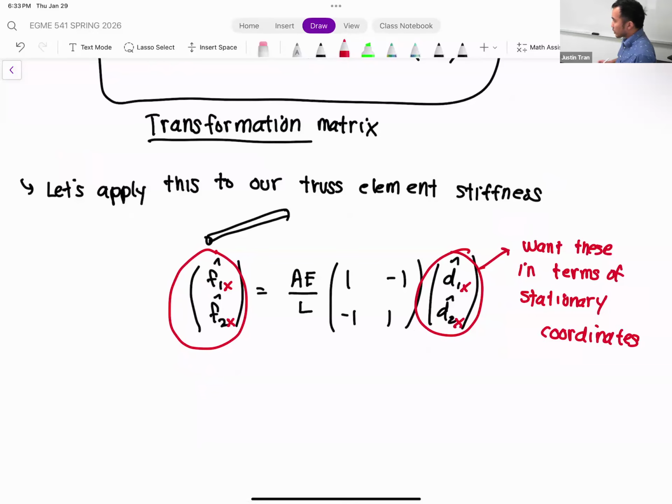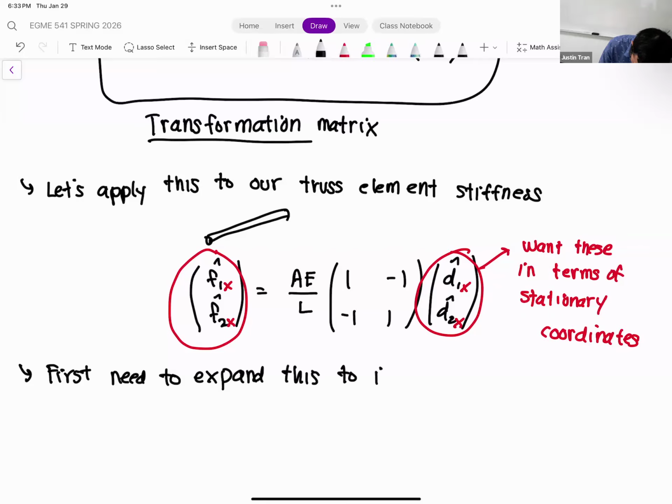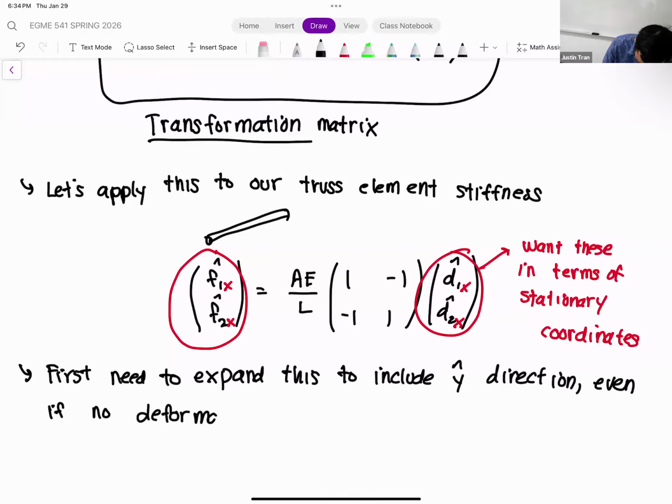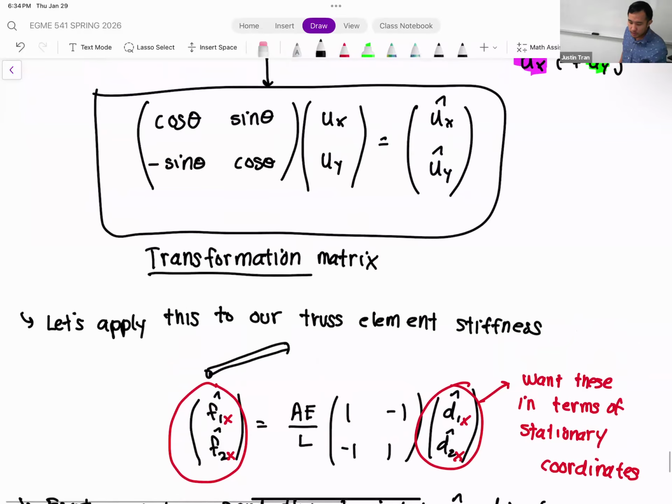The first thing we need to do before we apply our transformation matrix is to expand this to include the y direction, even if there's not going to be any deformation in that local y direction, because our transformation matrix doesn't work without the y direction.